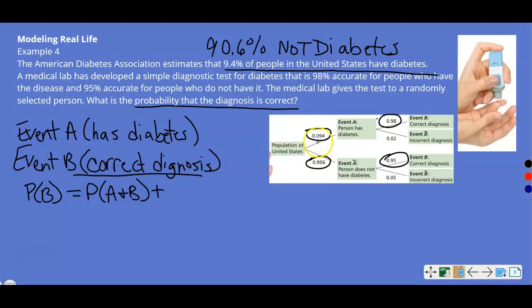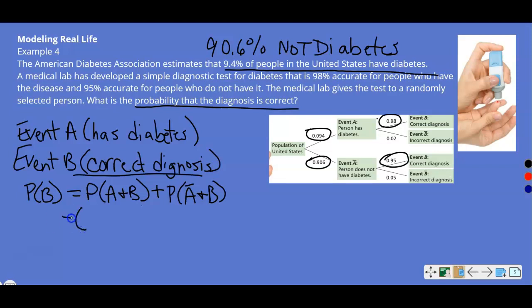A and B is event A and correct diagnosis, but we also have to do A complement and event B. So we're going to do the probability of the complement of A and B as well. So we are going to be using all four of these numbers to do that. So let's get started.